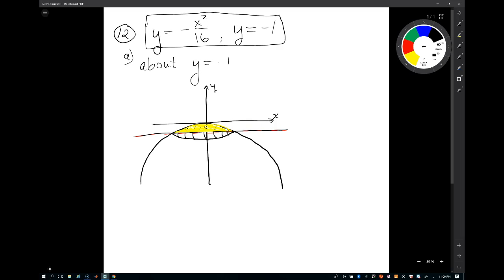So because we have a horizontal axis of revolution, you should use the disk method. And I suggest you set this up just like a normal disk method problem, like you're revolving around the x-axis.